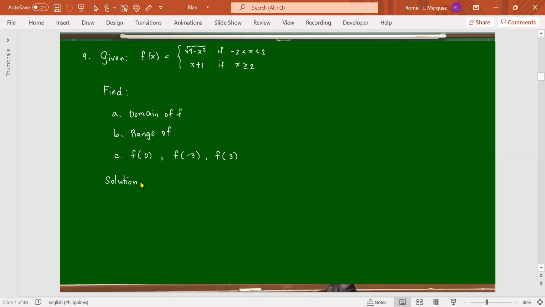We can easily determine the range if we're going to draw the graph. No problem for the domain, we can easily get that. So let's draw the graph.